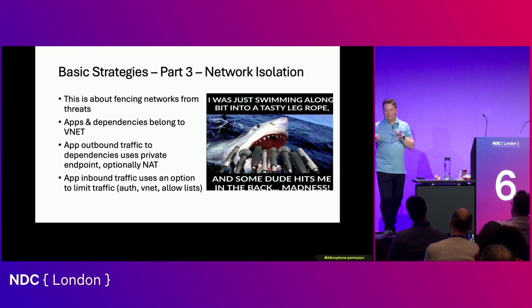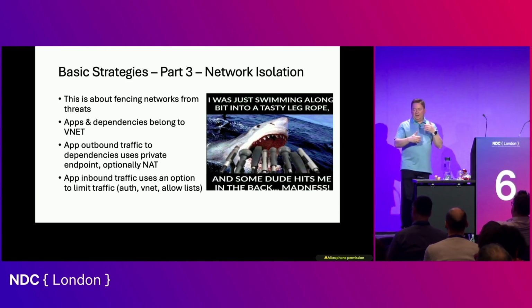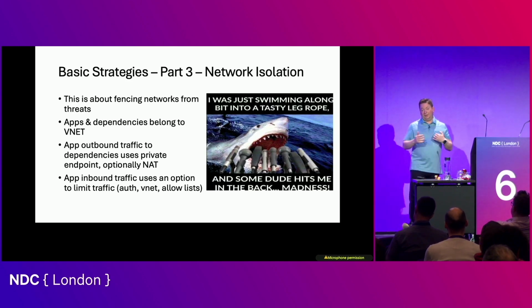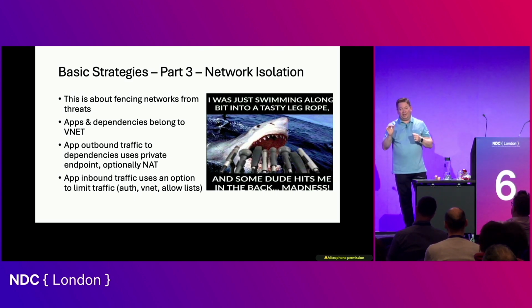Then you can imagine if you have a server on your network, you want that on its own network too. All these things that have the data and the resources you want to protect, you put them on separate networks. And in the limit, what we actually recommend, and what we actually do inside of Microsoft, is every single dependency, we've gotten into the practice of putting it on another network.